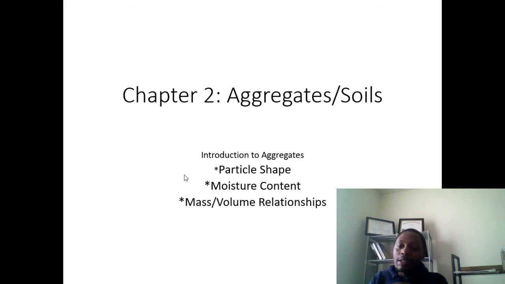As I say, the mass volume relationships are key because we want to see, if we're going to prepare a sample where you have two types of aggregates, okay? So you want to see the different batches and the proportions that you want to use in order to achieve a combination of materials that you are working on.